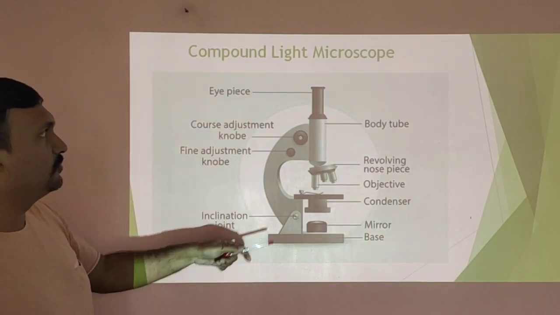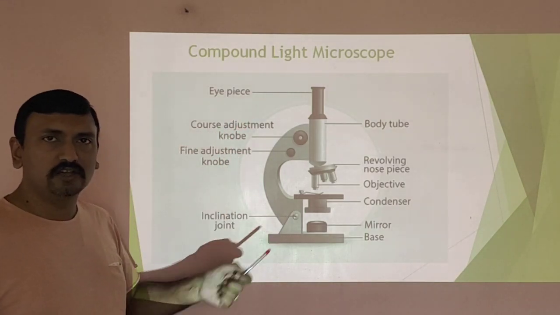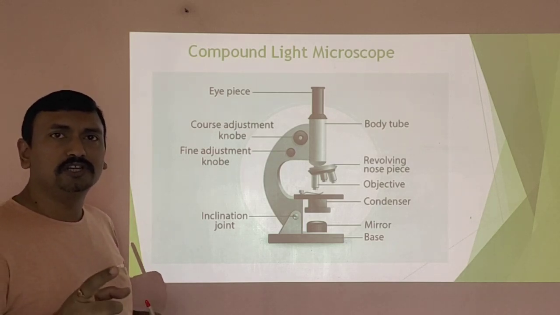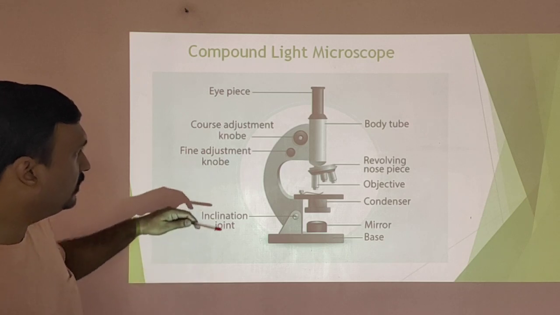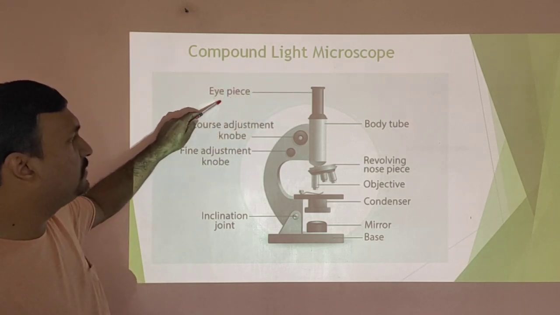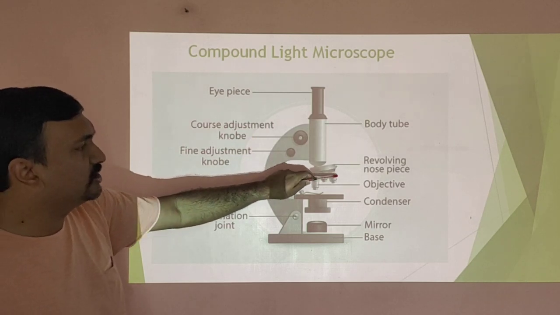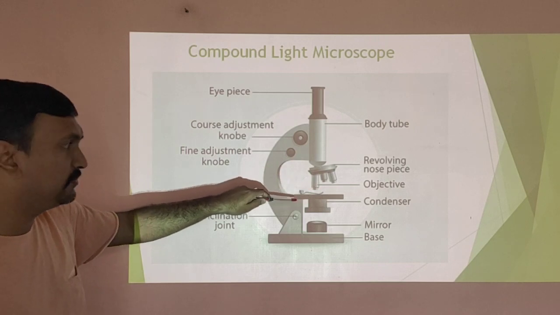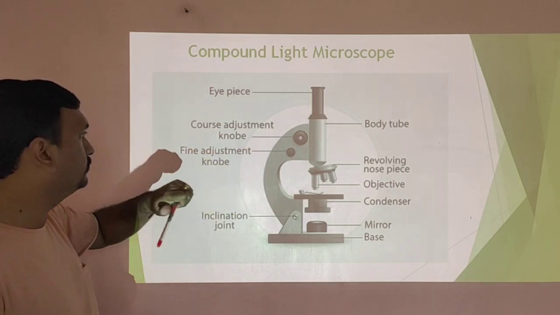This is how a normal compound microscope looks like. This is, however, a schematic picture. You can ask your teacher to show it in your school laboratory. You see here there are two lenses. One is this, which is called an eyepiece. Three here which are called objectives. Of course we are not using all the three at the same time, one at a time we use.